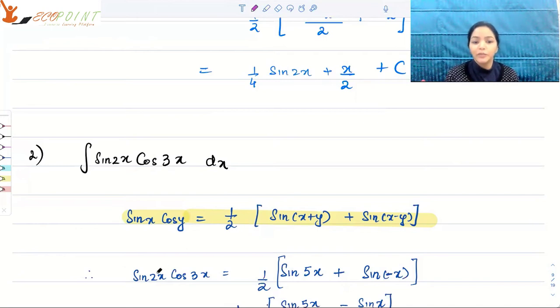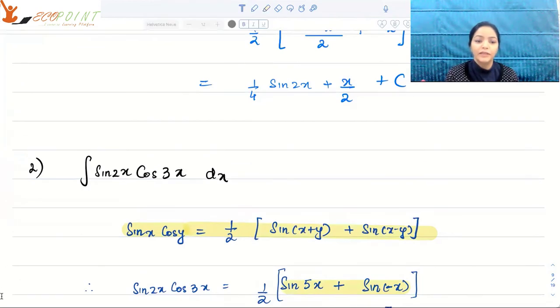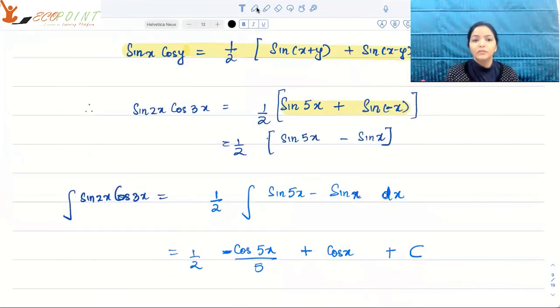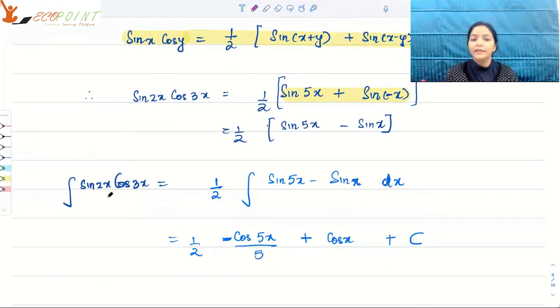So just put it up here. You will get that we will be integrating sine 5x plus sine minus x. So integrating sine 2x cos 3x is the same as integrating half of sine 5x minus sine x dx.